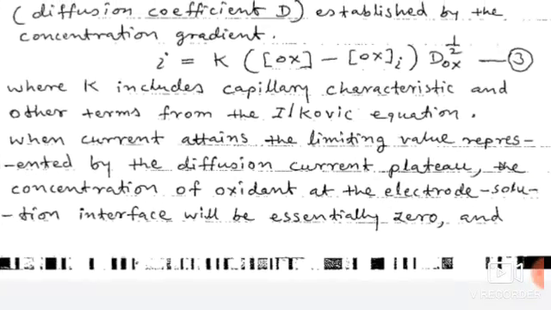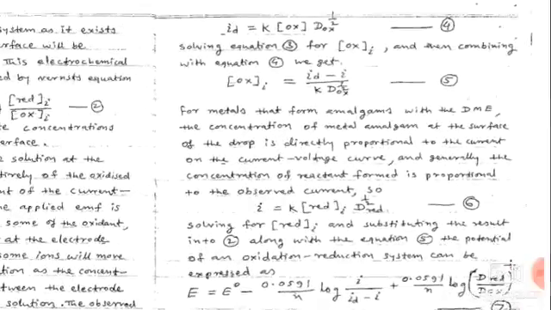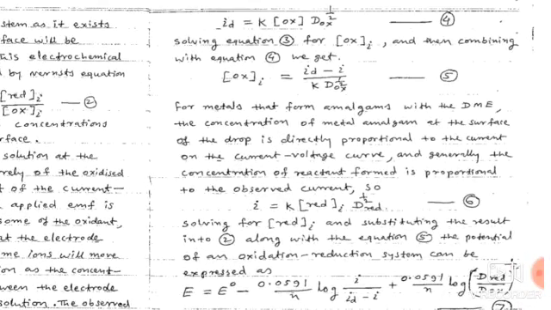When the current attains the limiting value represented by the diffusion current plateau, the concentration of the oxidant at the electrode solution interface will be essentially 0, and so i_d is equal to K into the concentration of oxidant into D oxidant to the power half.